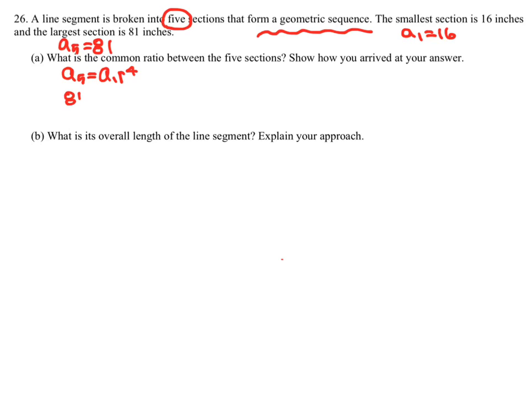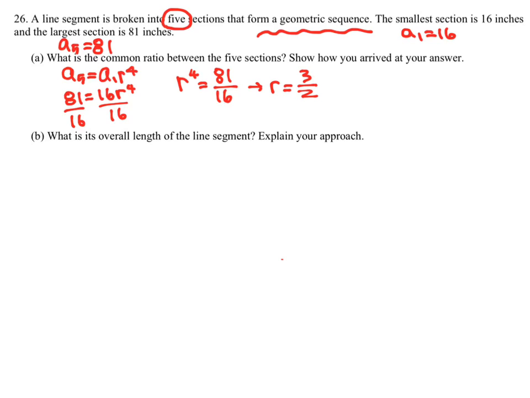So a sub 5 is equal to 81, and a sub 1 is equal to 16. So simply dividing 16 from both sides, we get r to the 4th power should be equal to 81 over 16. That means r should be equal to 3 over 2.